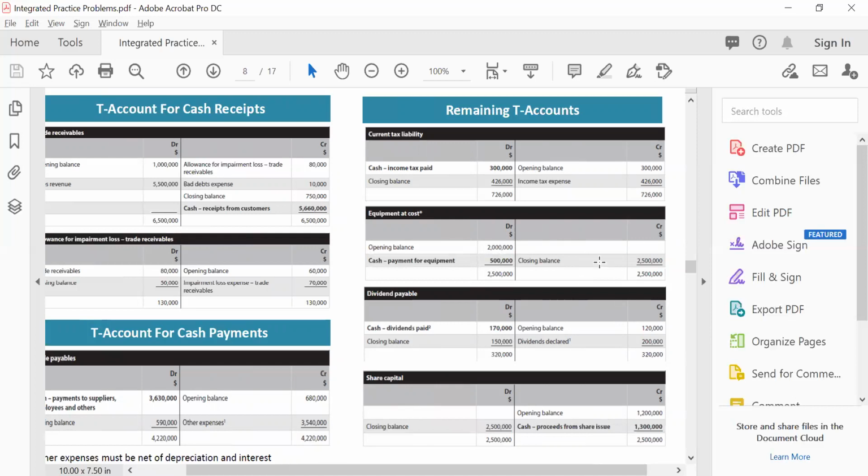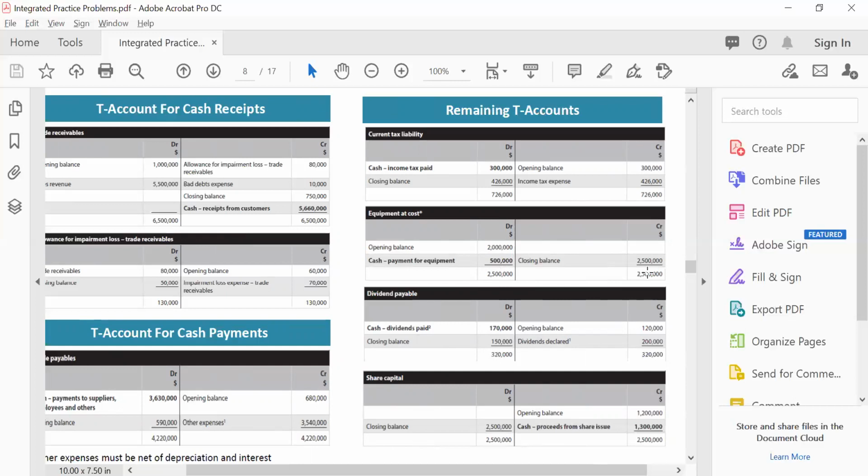Now this closing balance, the style that the institute prefers when it puts these T accounts together is to always put the closing balance on the other side, okay? But really, at the end of the day, it's this number down here, this 2.5 million, that reconciles to this 2.5 million, okay? And so remember, when you're doing the T accounts, it's always about reconciliation.